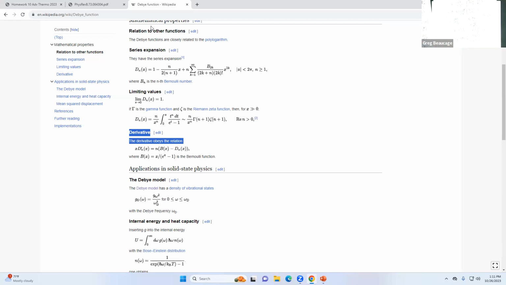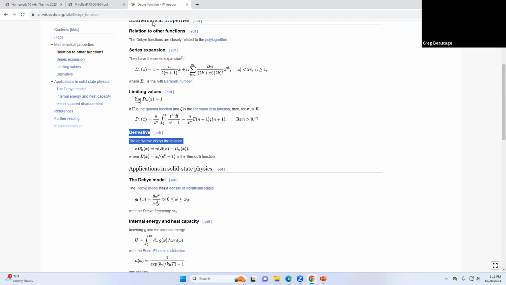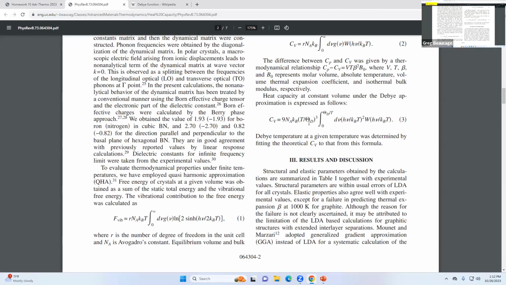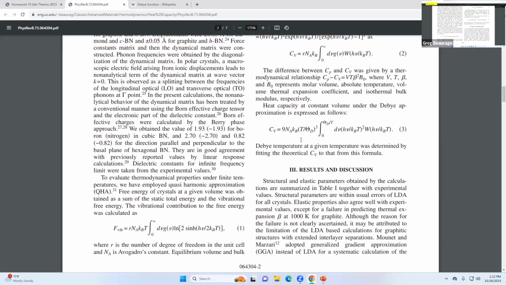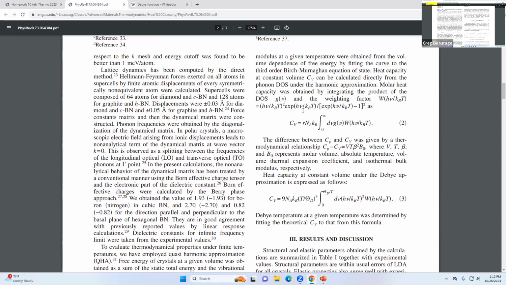So if you look in our paper, wherever that is, he's got the Einstein function. That's Einstein for heat capacity. Then he says that times this gives me CV, that integral gives me CV times the density of states.